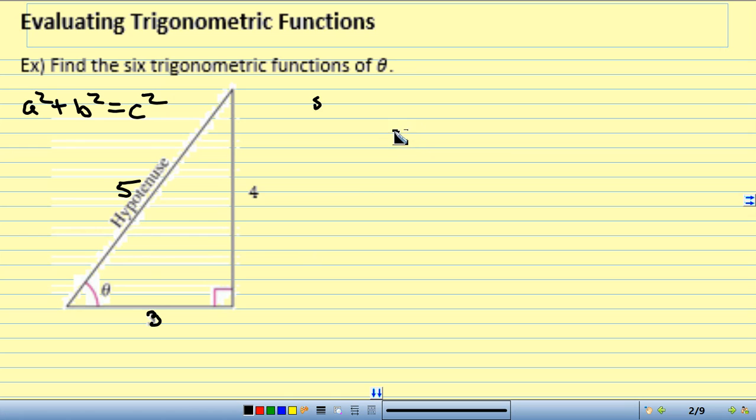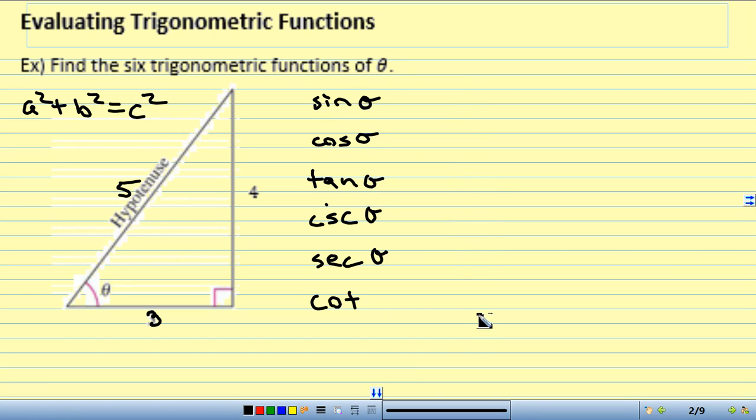Once you do that, you need to find the sine, the cosine, the tangent, the cosecant, the secant and the cotangent. And of course, it's of theta. I usually get a little bit lazy, and sometimes I leave off the thetas.